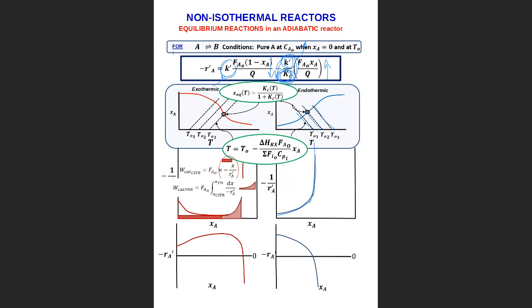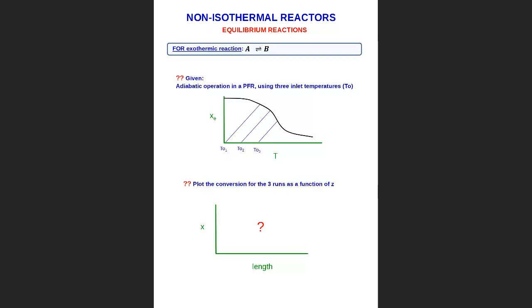So my question was, if I now have a plug flow reactor and I've got 3 different inlet temperatures. So this is the blue, this is the colder one. Then I've got the slightly warmer inlet temperature and I've got the warmest inlet temperature.